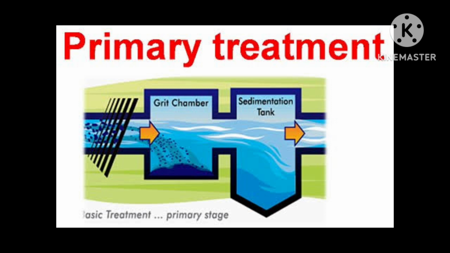They are converted into a soapy mixture by blowing compressed air through sewage water in a skimming tank and lifted to the water surface in the form of foam. Okay, the floating substances are skimmed off. This I have told about removal of oil and grease.